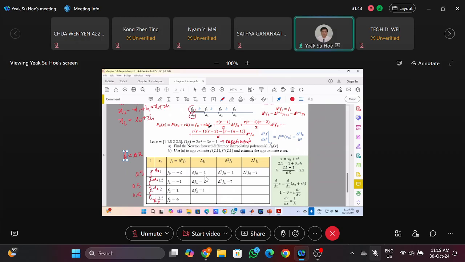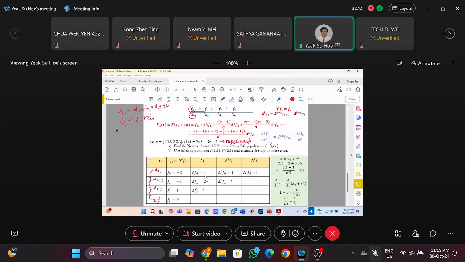This is the formula, and we have r. What is r? r is an integer value.